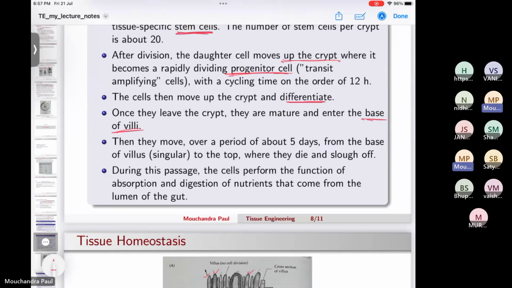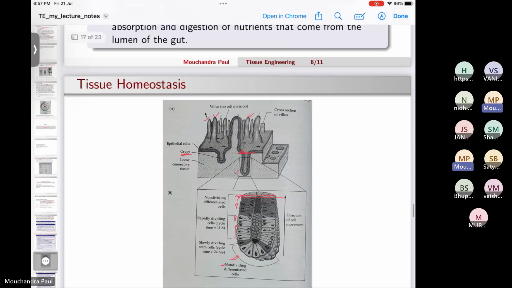They have to climb, and it happens over a period of 5 days. Once they reach the top of the villi, the cells at the top start dying and they shed off. Sloughing off means shedding off.